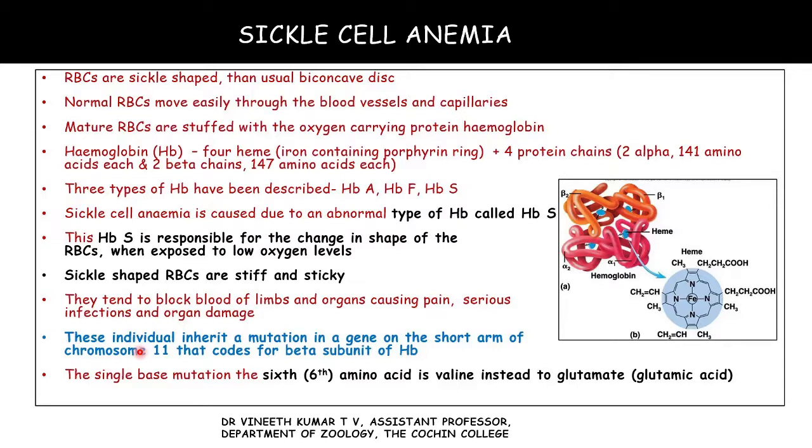There is a change of only one amino acid, and that is resulting in this devastating change in the shape of the RBC. So the gene is present in chromosome number 11, and the change in the gene causes the replacement of glutamate by valine. So this is what happens in sickle cell anemia.